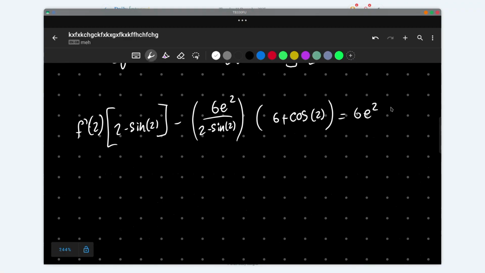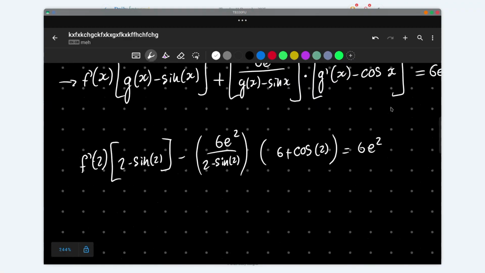Okay, x times 2 minus sine of 2 minus some other stuff multiplied by some other stuff is equal to 6e to the power of 2. What was that? 6 plus cos of 2, and the other one was 6 over some stuff. 2 minus sine of 2, 6e to the power of 2, and I'm missing a parenthesis.